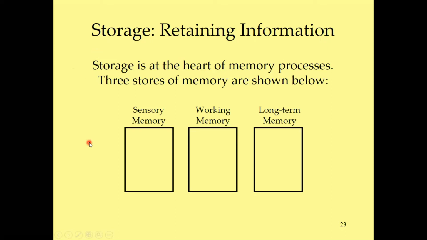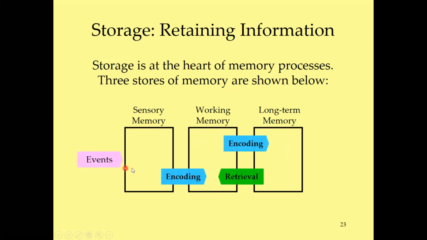They have identified 3 stores of memory, as we noted earlier: sensory memory, working memory, and long-term memory. And generally speaking, information will pass through each of those by being encoded into each of them if it is to be stored long-term, and then later on can be retrieved.